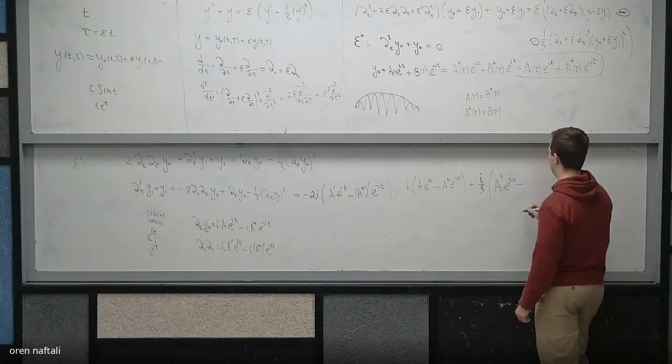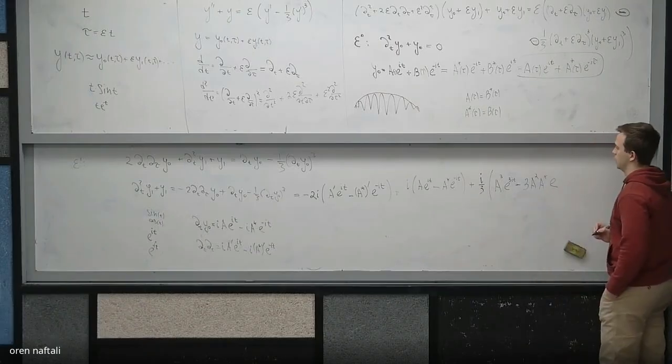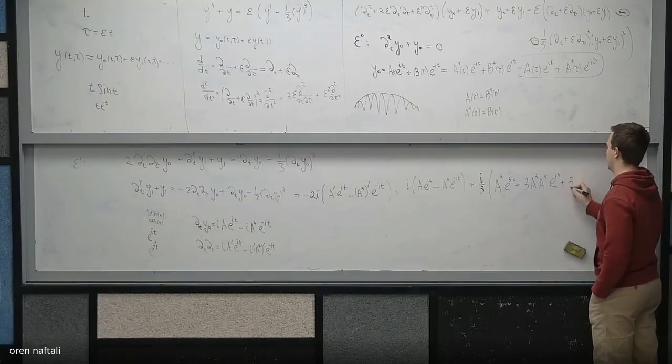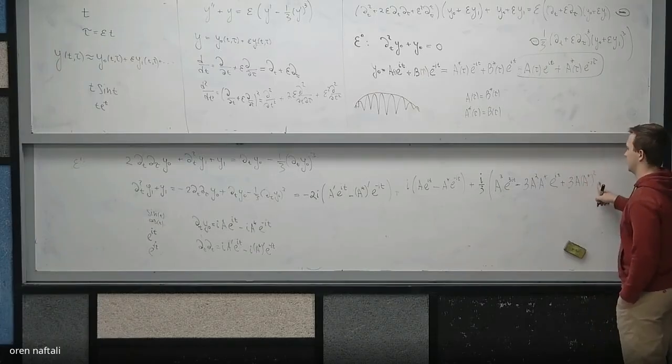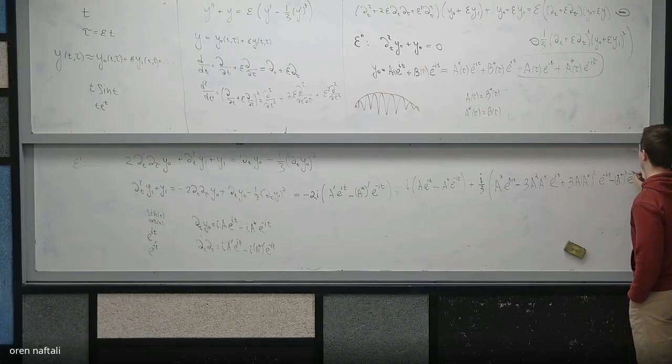Then I have plus 3 a squared a star times e to the it, and minus 3 a a star squared times e to the minus it, and the last one is minus a star cubed times e to the minus 3it.